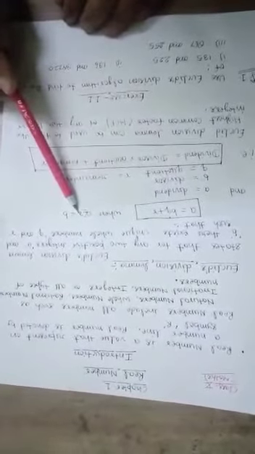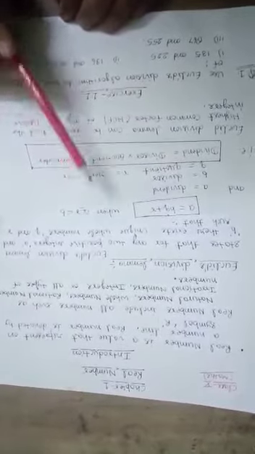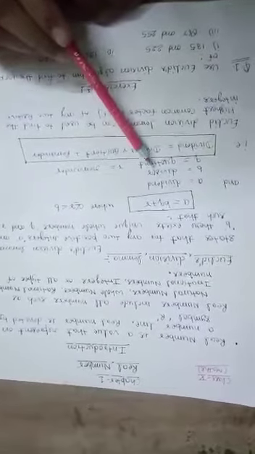Then Euclid's division lemma. Euclid's division lemma states that for any two positive integers a and b, there exist unique whole numbers q and r, such that a equals bq plus r, where r is greater than or equal to 0 and less than b, where a is the dividend, b is the divisor, q is the quotient, and r is the remainder.